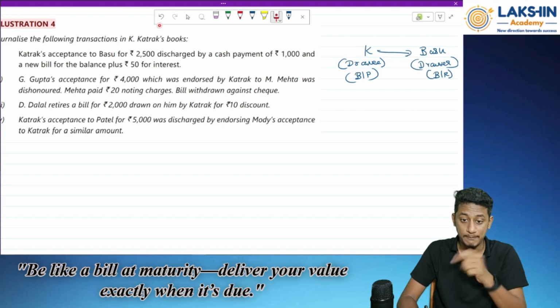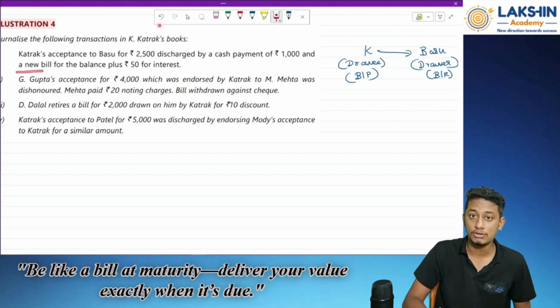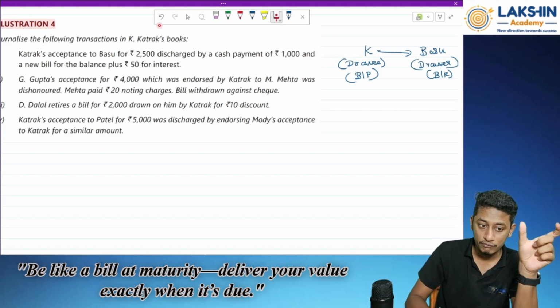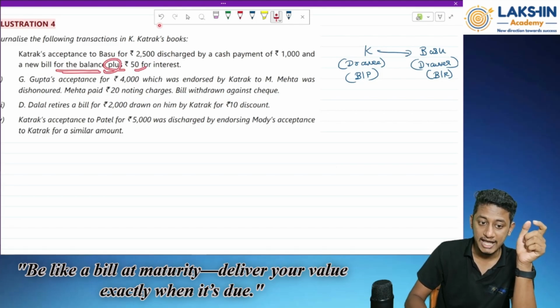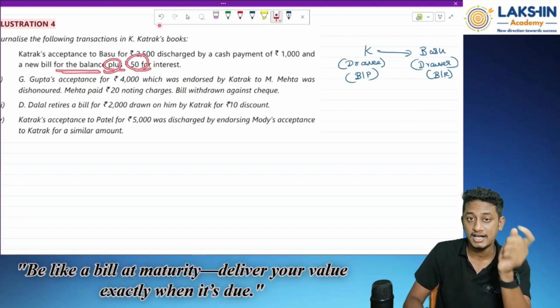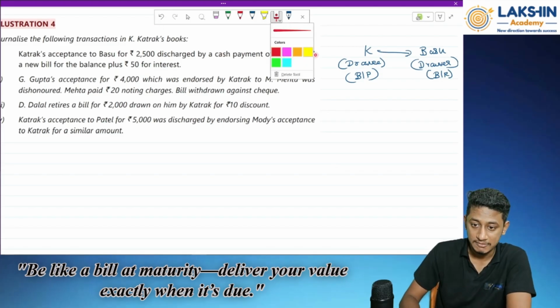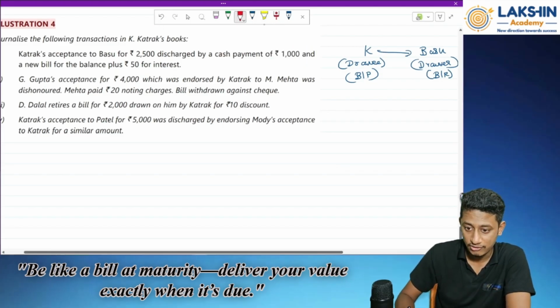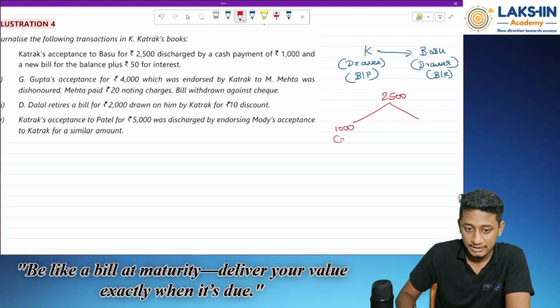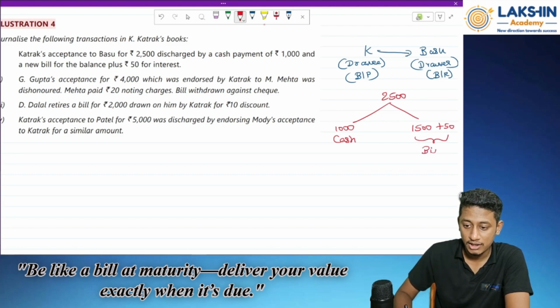No. But what has happened is a new bill was issued for the remaining amount, plus extra interest of 50 rupees. So out of 2,500 worth of bill, 1,000 rupees has been paid in cash and for the remaining 1,500 plus 50 rupees interest, we have issued a new bill.